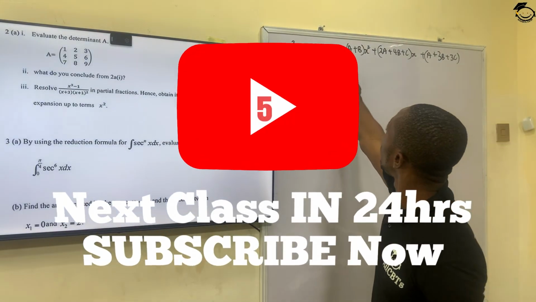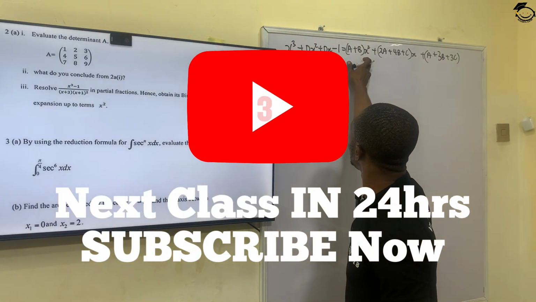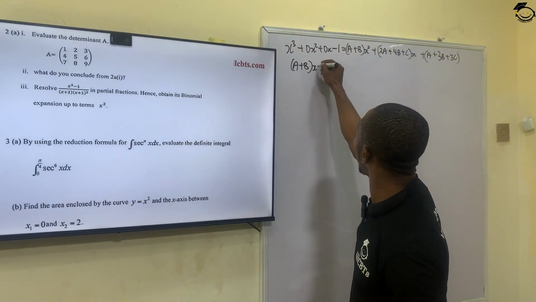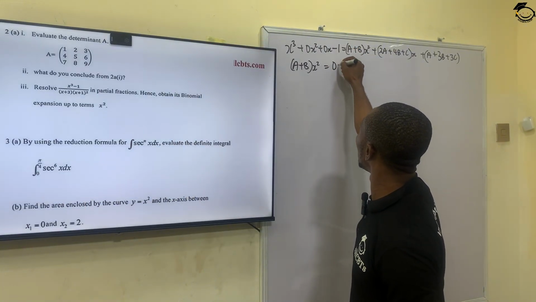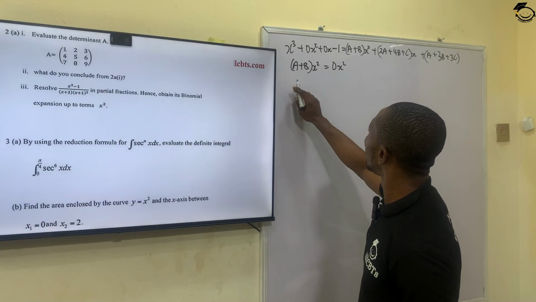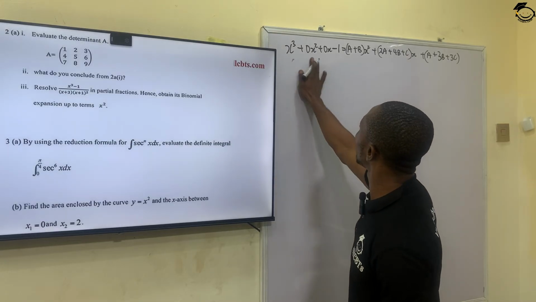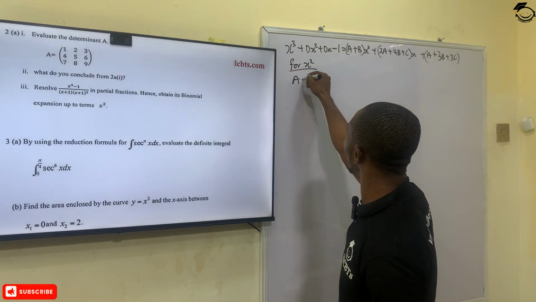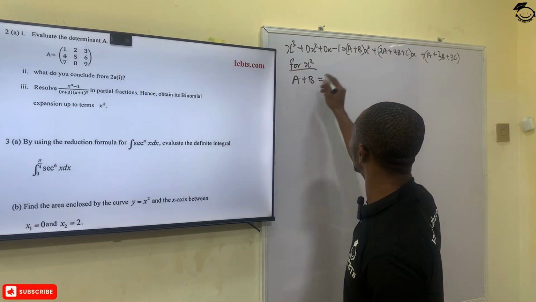So from here, equating this, there's no x cubed here, so we have A plus B x squared equals 0 x squared. So that means we can say for our x squared, we have A plus B equals 0.